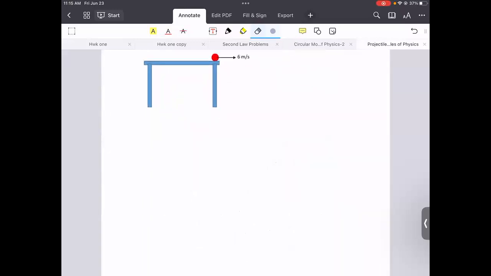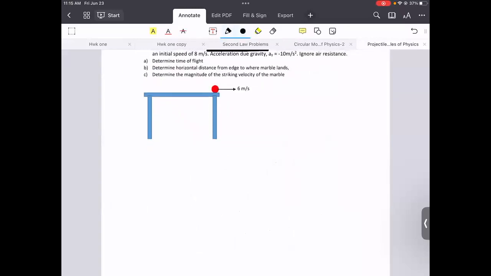If the marble is fired there, it will go like that all the way down, and the striking velocity will be the velocity like this.